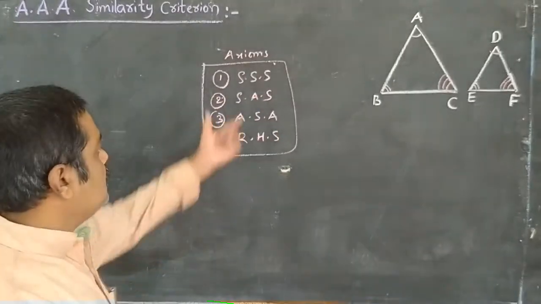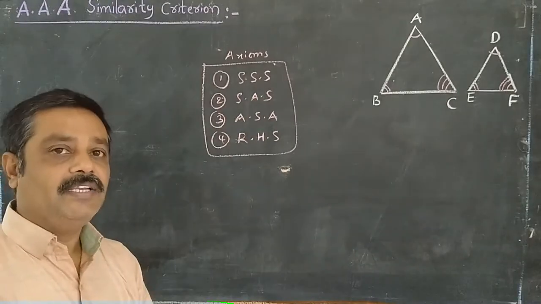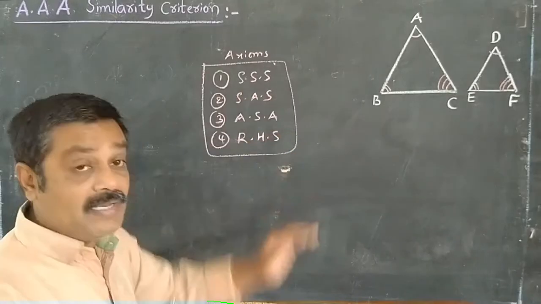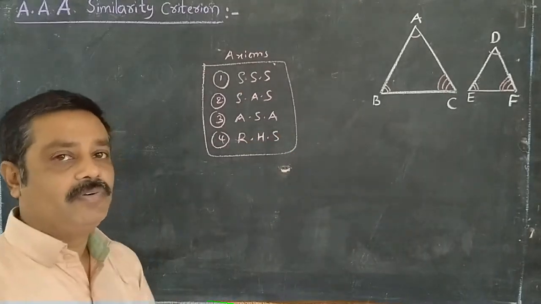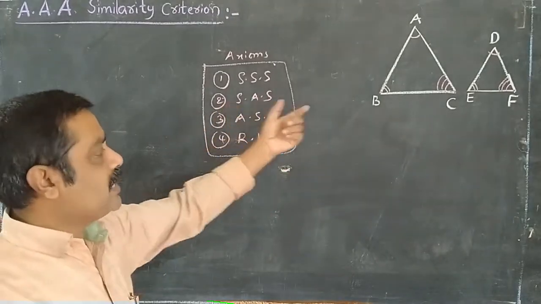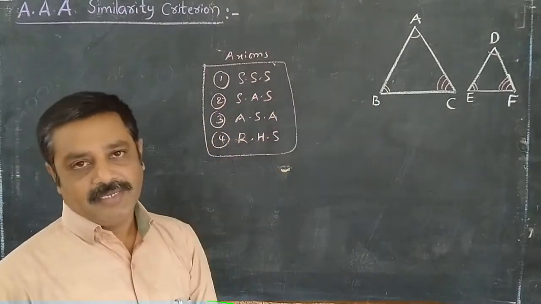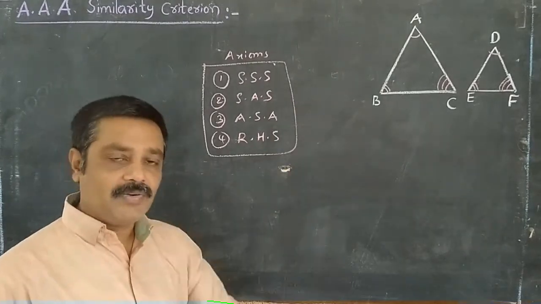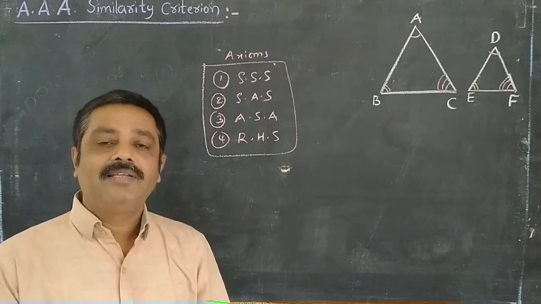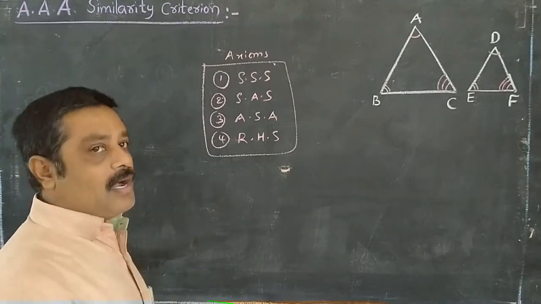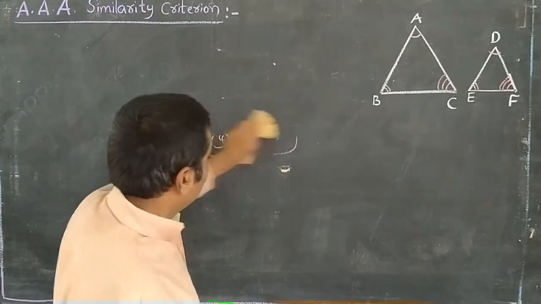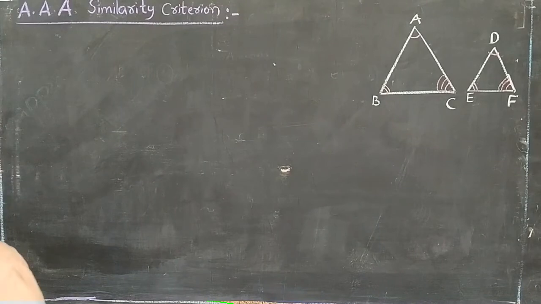If these conditions are satisfied by any two triangles, we accept that the two triangles are congruent. SSS means corresponding sides are equal. SAS means two sides and the included angle are equal to two sides and the included angle in another triangle, then the two triangles are congruent. Remember these axioms and follow the theorem. Right. Now I am going to start the theorem.